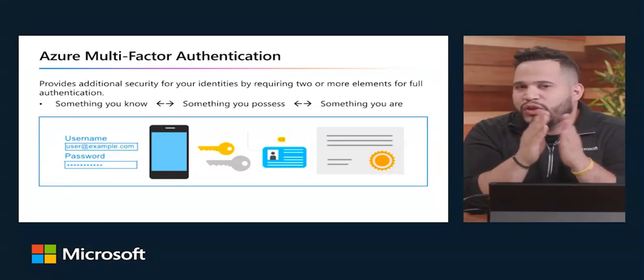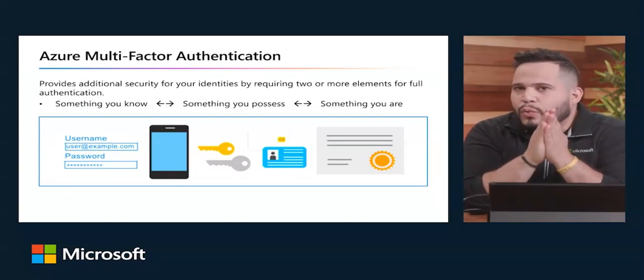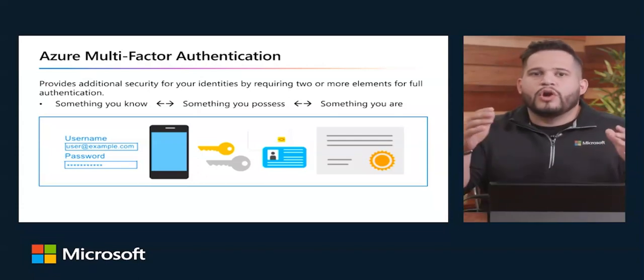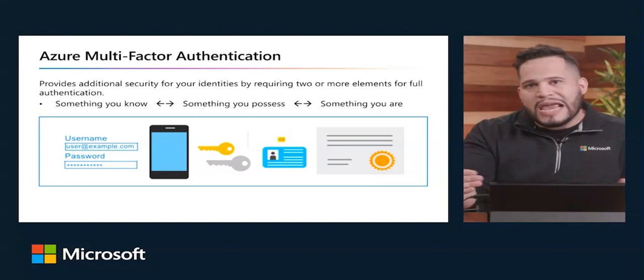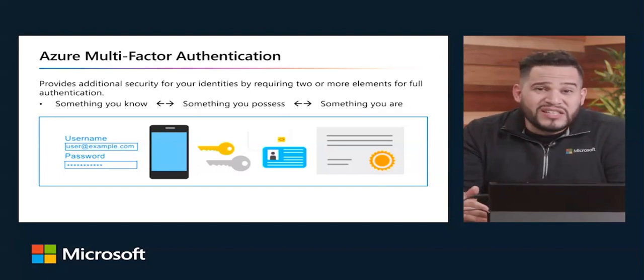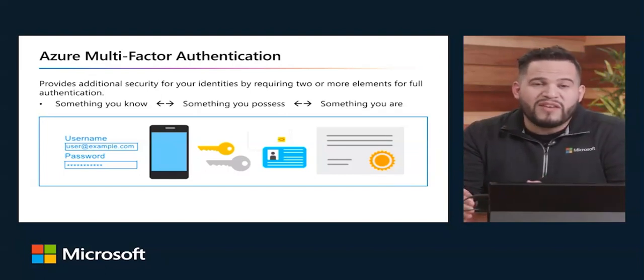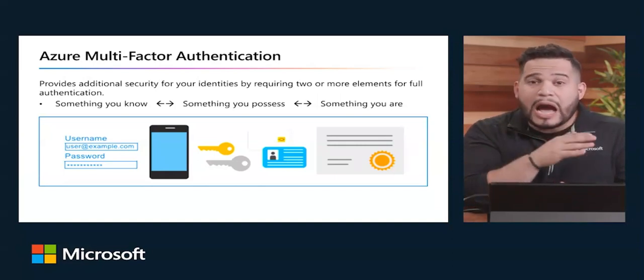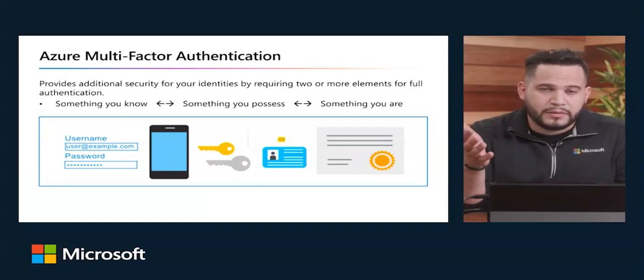Because instead of just relying on your password, we can leverage something called multi-factor authentication. Now remember, authentication, we're proving that we are who we say we are. In this case, we have 3 different options of things that we can provide.